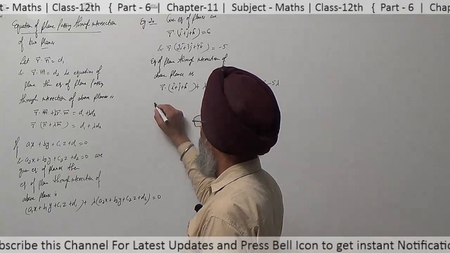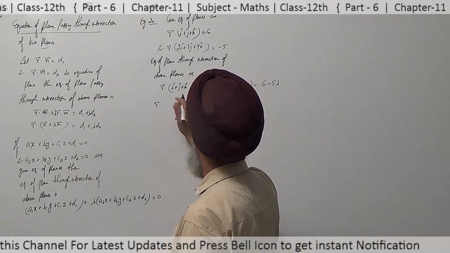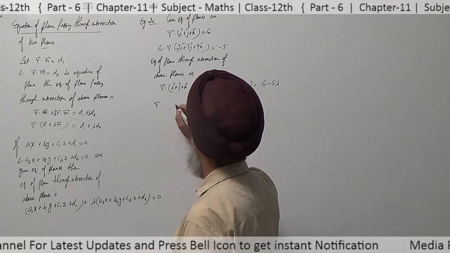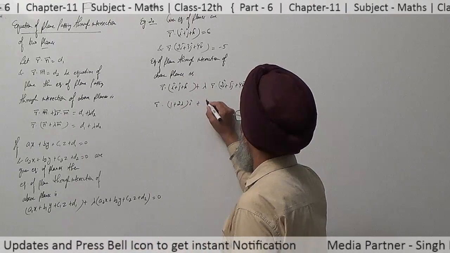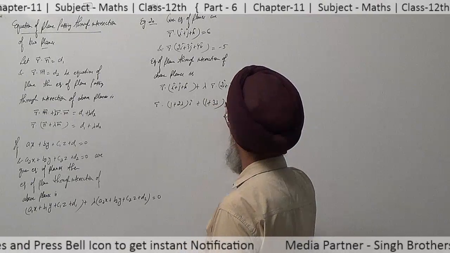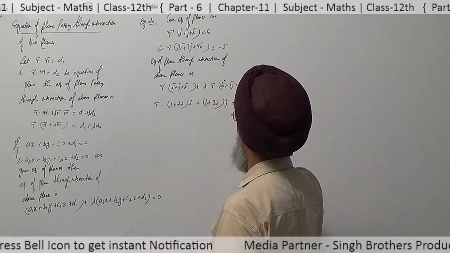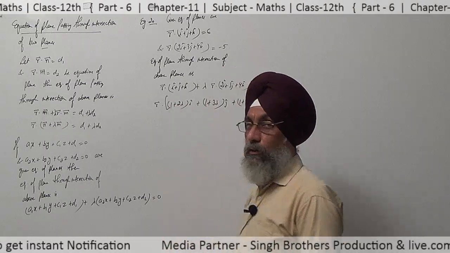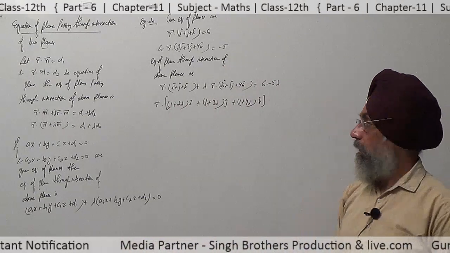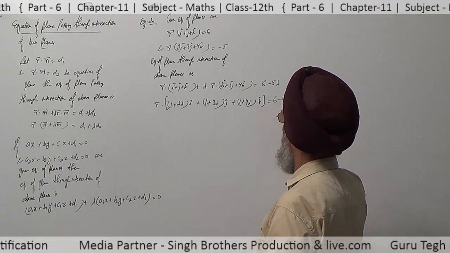Or you can take r dot ((1 plus 2 lambda) i, (1 plus 3 lambda) j and (1 plus 4 lambda) k). Collecting the components of i, j and k here, 6 minus 5 lambda.